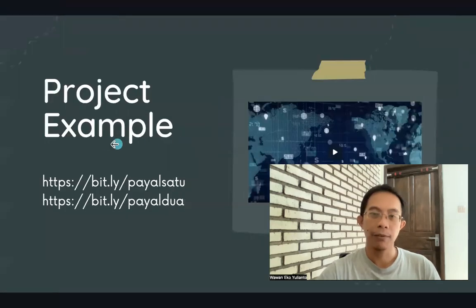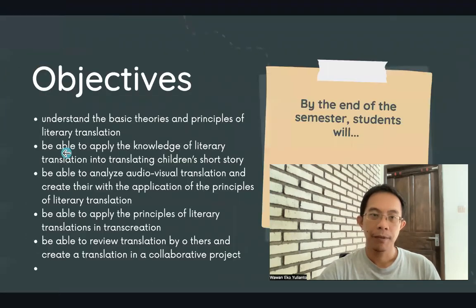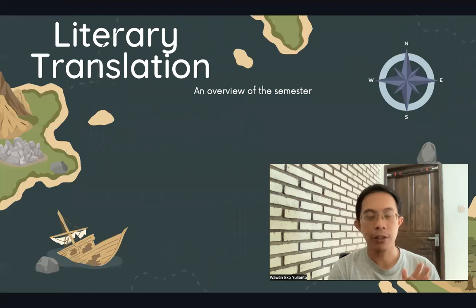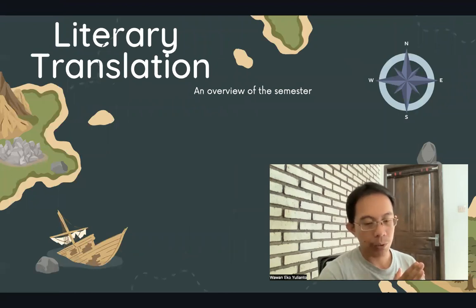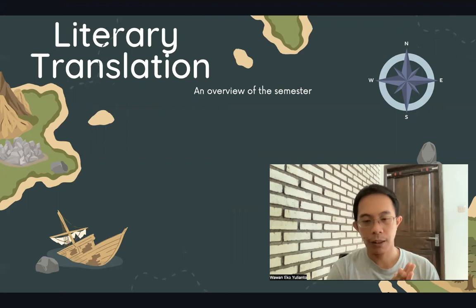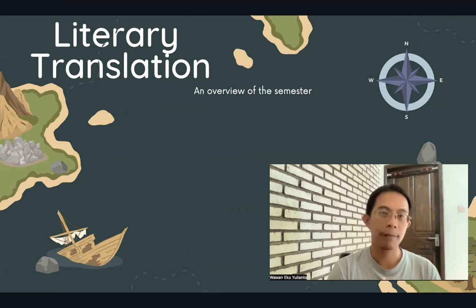Right. Now, before I close the session, I wanted to tell you about this fundamental difference between this course and another translation course that you are taking this semester, which is English for Social Sciences.